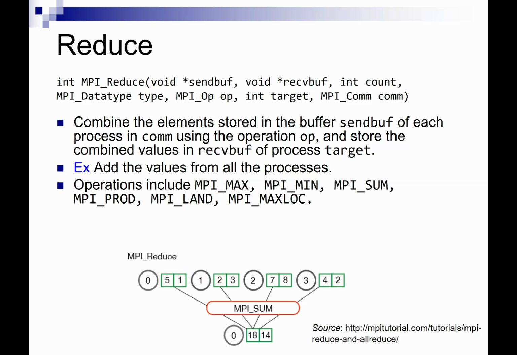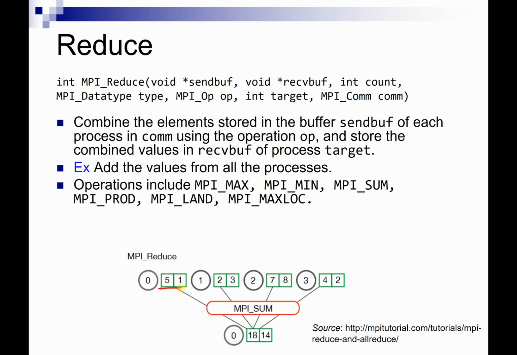Okay, now here the target is which process is receiving all of these values, right? Because we're reducing all of these values onto some particular process. Okay, so here the target is going to be process 0, right? And the send buffer, so every process which is not the target, okay, well, actually it also includes the target, but every process is going to have a send buffer, and the data for the reduce is coming from all of these different send buffers.